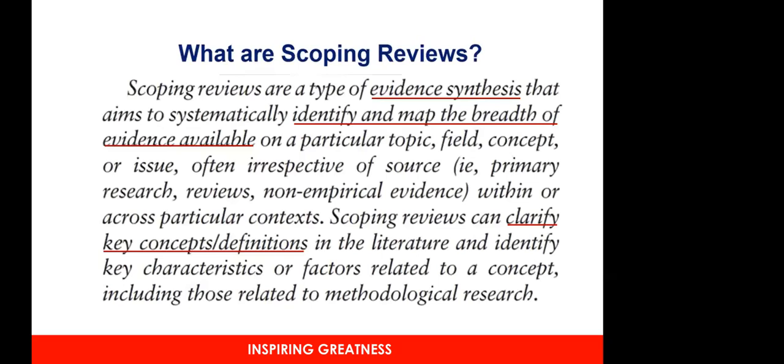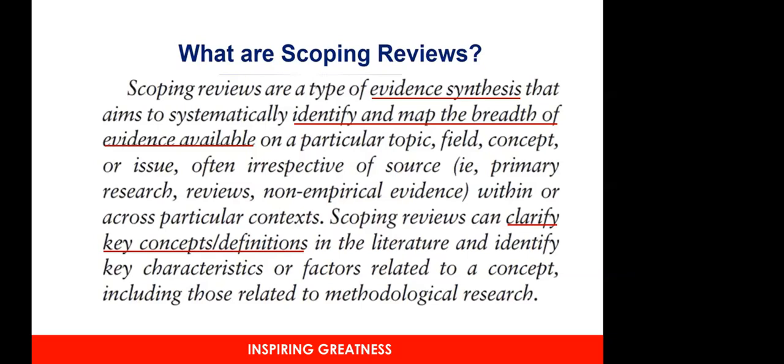But basically, a scoping review is defined as a type of evidence synthesis that aims to systematically identify and map the breadth of evidence available on a particular topic, field, concept, or issue, often irrespective of the source.